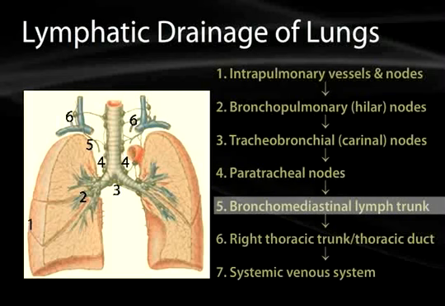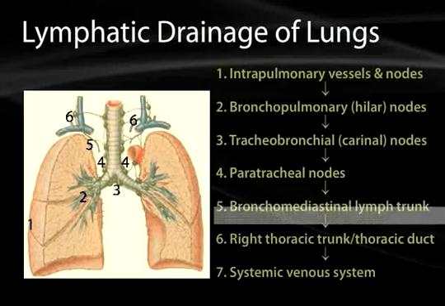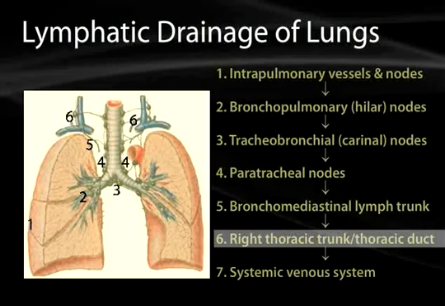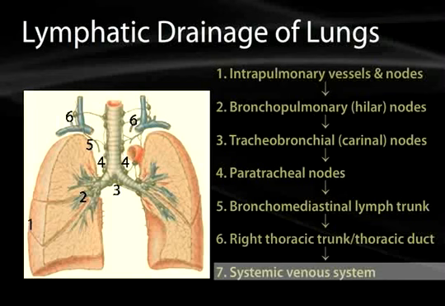Then they'll move up to the paratracheal nodes, and finally into the bronchomediastinal lymph trunk. The bronchomediastinal lymphatics will then carry it across either to the right thoracic trunk or the thoracic duct on the left. And then it's going to dump back into the systemic venous system.